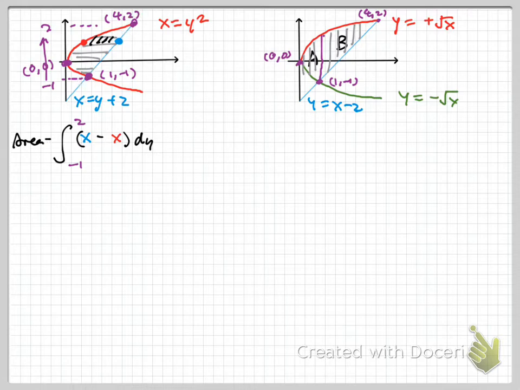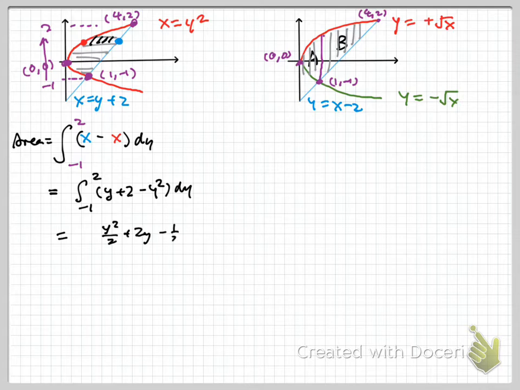Alright. So we put back the blue x and the red x, and that goes from minus 1 to 2 of y plus 2, subtract from it y squared. Alright. And integrate dy. So that goes to y squared over 2 plus 2y minus 1/3 y cubed from minus 1 to 2.